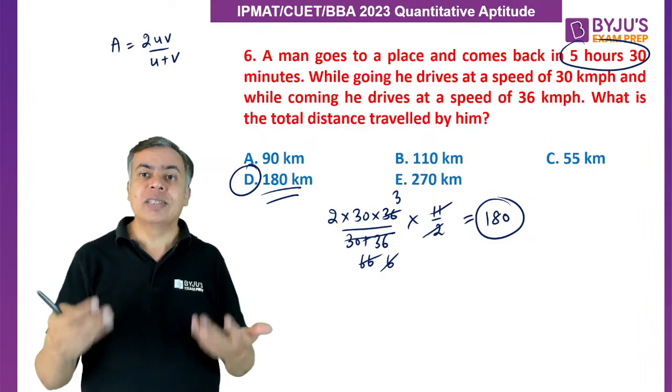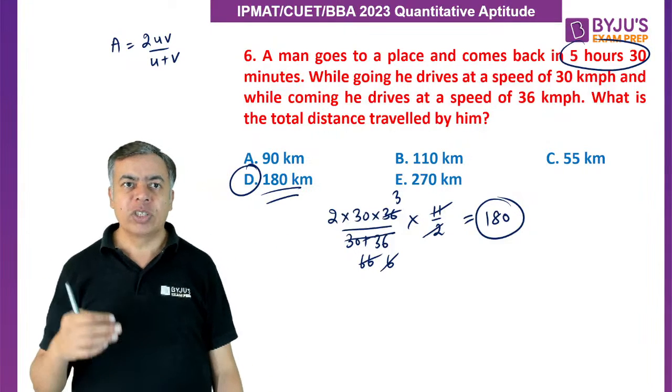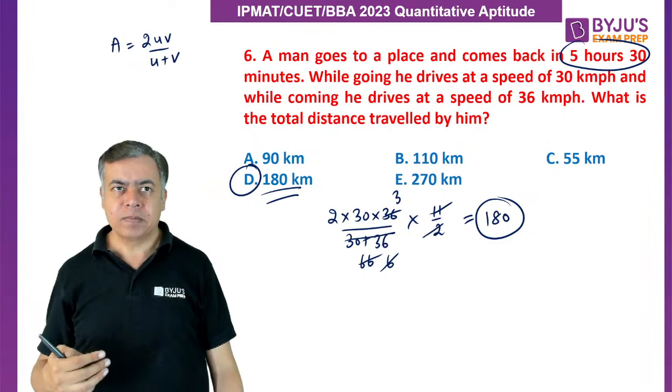So it is double the distance on one side.